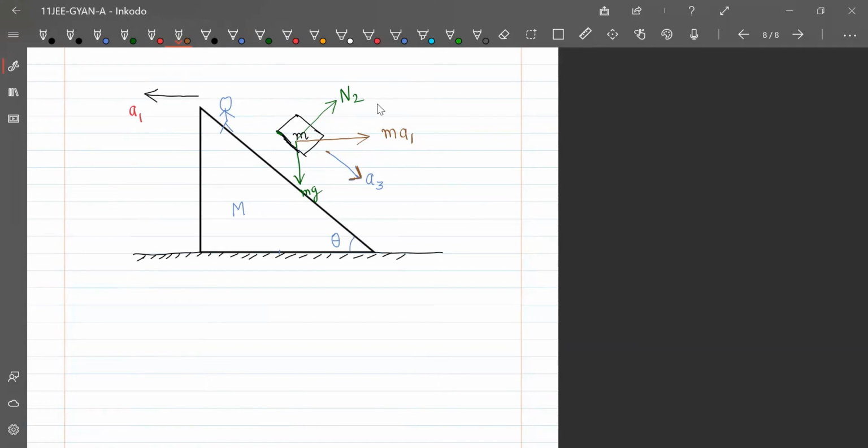So I can do two things. या तो मैं acceleration के along ही सारे component ले लूँ, या acceleration का ही component ले लूँ.